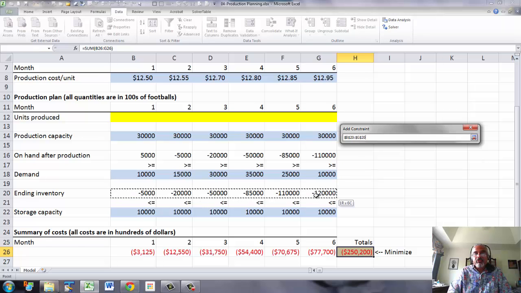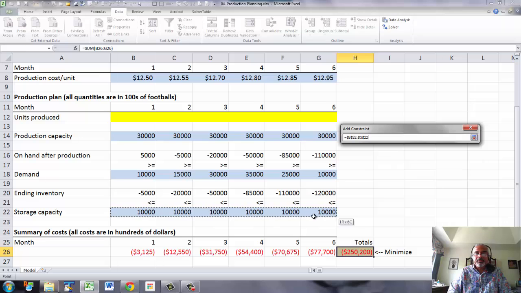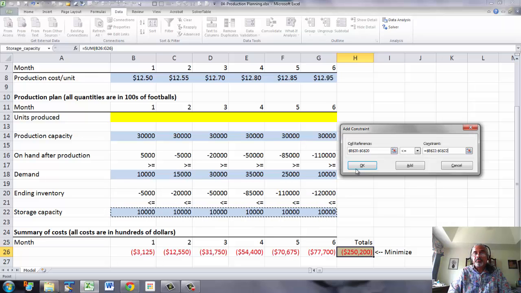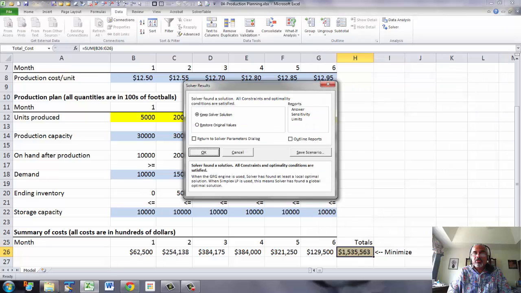And then ending inventories should be less than or equal to the storage capacity. So these are the three constraints. So now non-negative, we have to make sure that this is Simplex LP. Now click Solve and make sure that you found a solution.